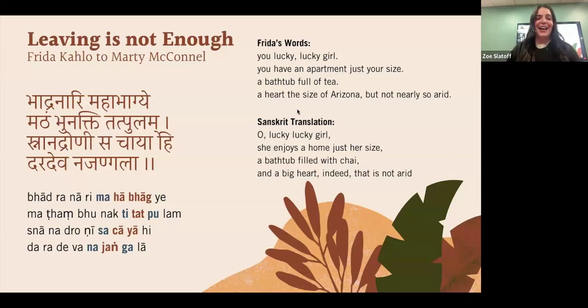So then I found inspiration from Frida Kahlo. So this poem's been taken from Spanish to English to Sanskrit. The reason this poem really stuck for me is because we're the first generation of women really that have been able to live alone and provide for ourselves and be fully independent. And I think that's a really beautiful thing.